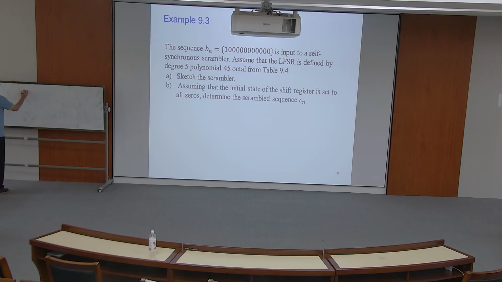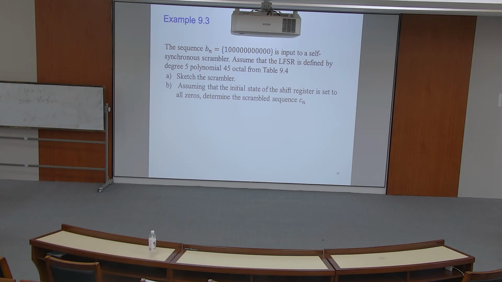Combining that, you get 100101. So G of t is equal to t^5 plus t^2 plus 1.